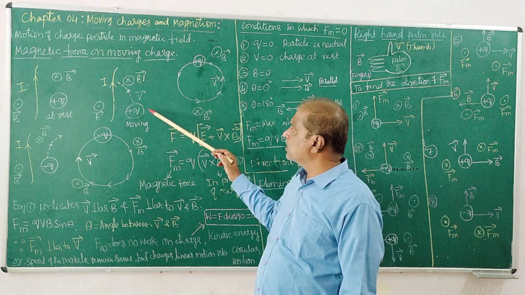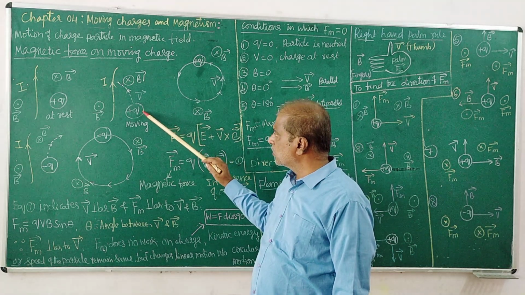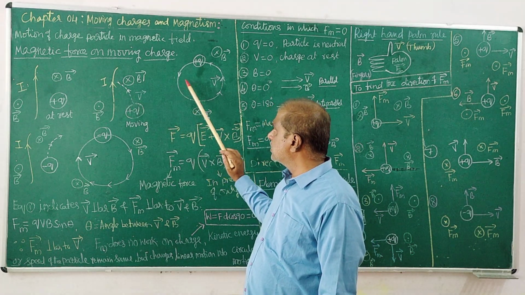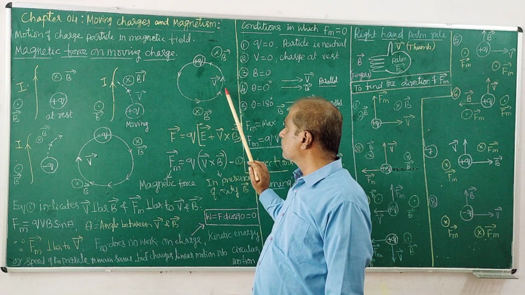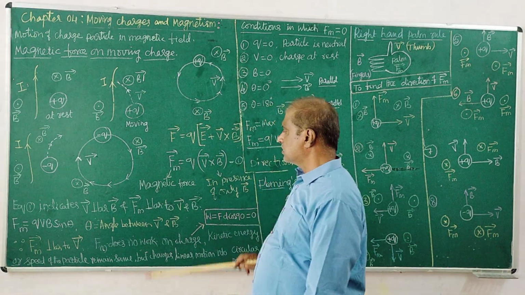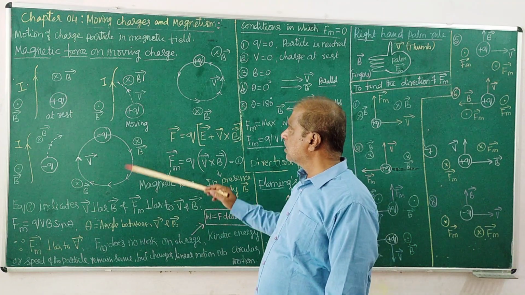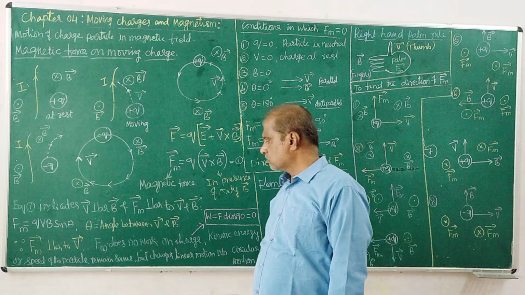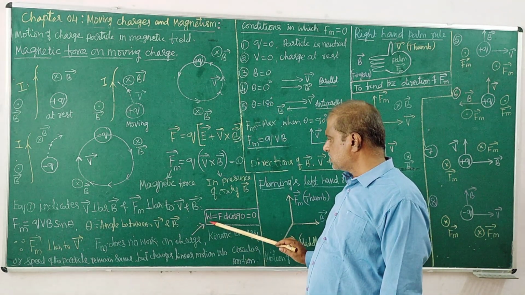So, whatever the speed with which it enters the field, with the same speed it is deviated, with the same speed it is circulated. Only the direction of velocity changes. The reason is that these two are perpendicular. That we realize from this definition.